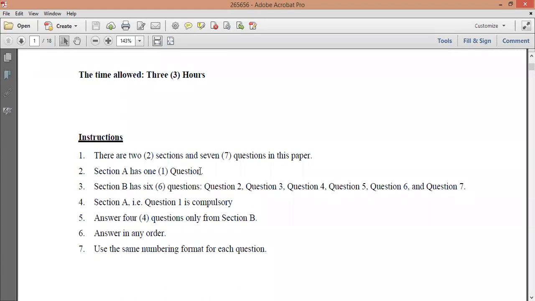So from this paper that carries 100 marks, 40 marks go to theory, while 60 marks go towards calculations. That's how I'll put it.